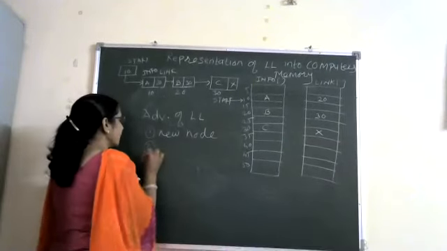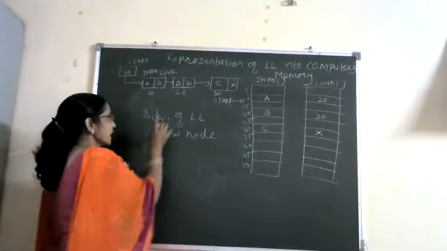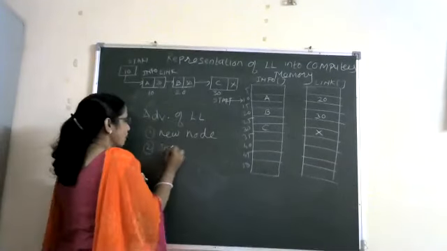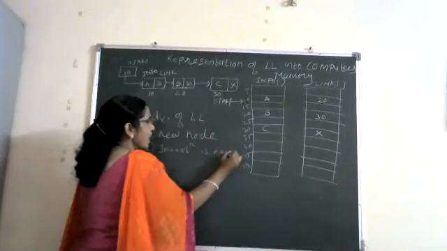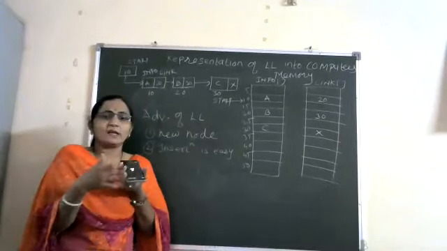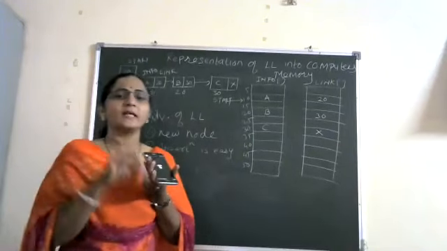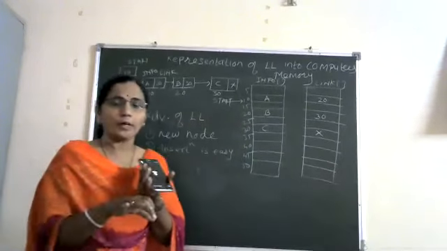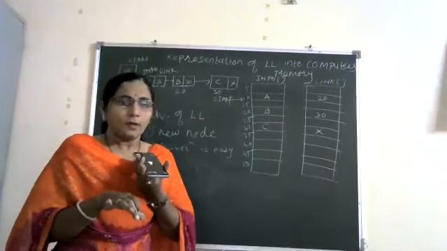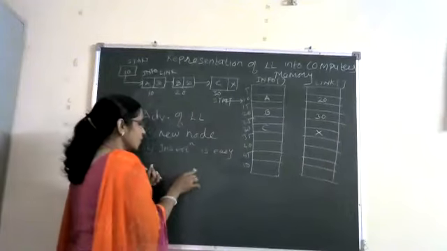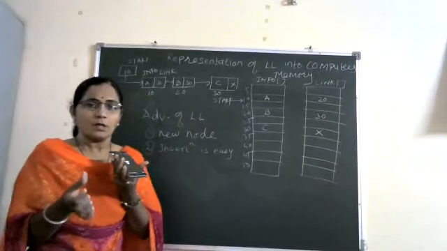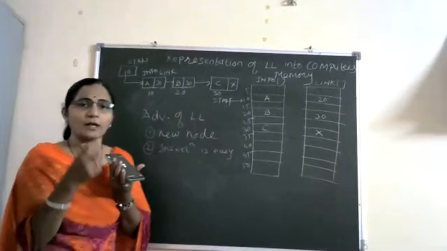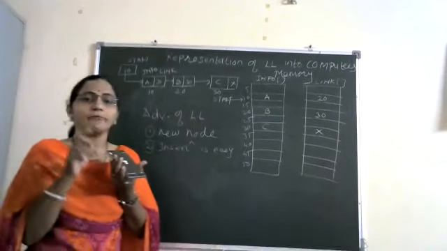Then the second advantage is that in case of the linked list, the operation of insertion is easy. Why is it easy? Because at a random position, you can insert a node into the linked list. You just create the new node using particular pointers, a particular function.